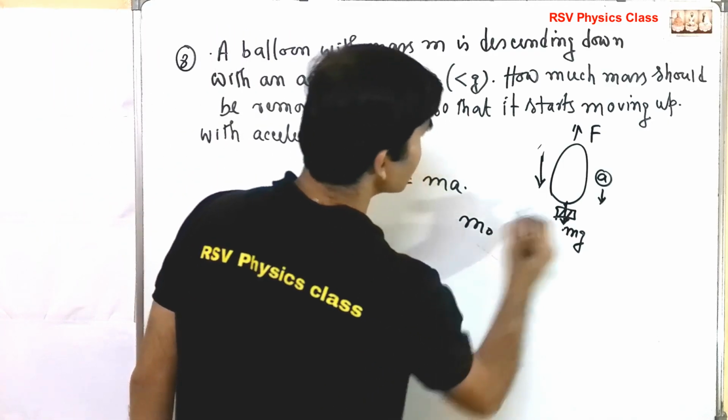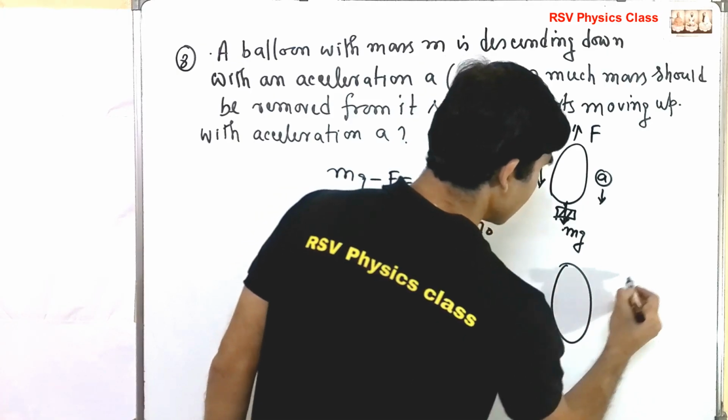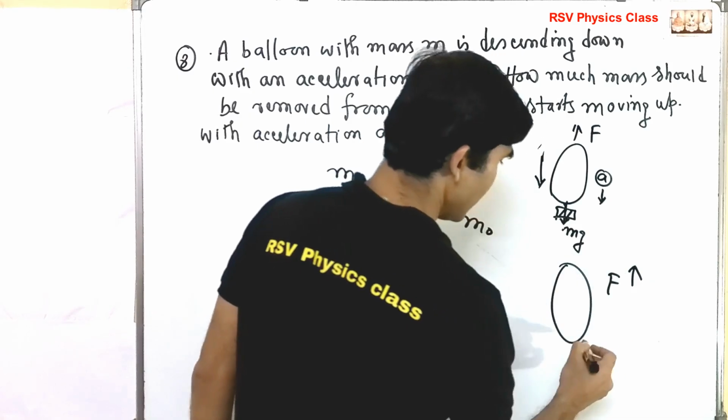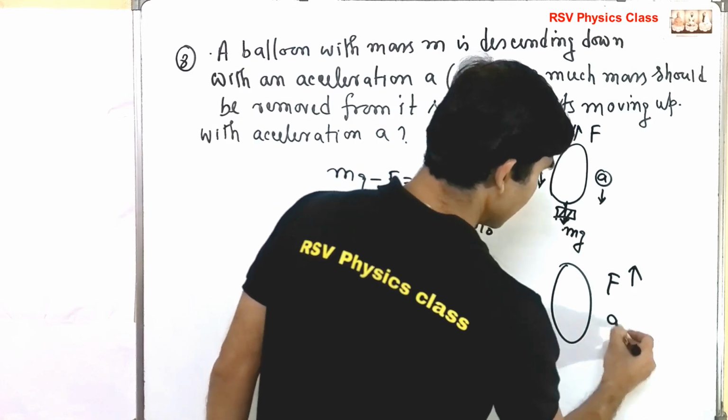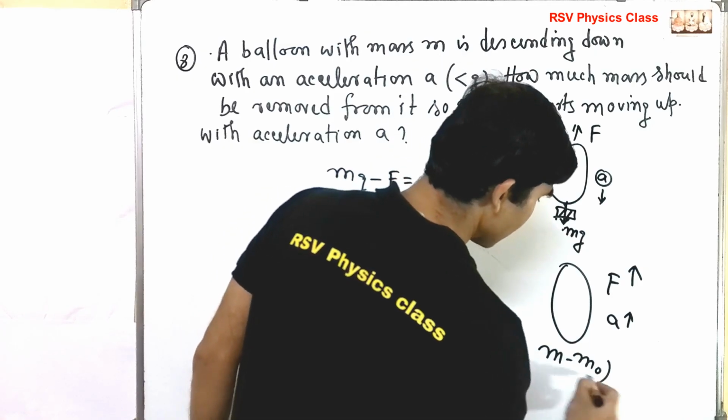Now see, let's see. This is mass m0. Next, another case, another balloon, it is going upward with force F and acceleration a. Its mass is now m minus m0.